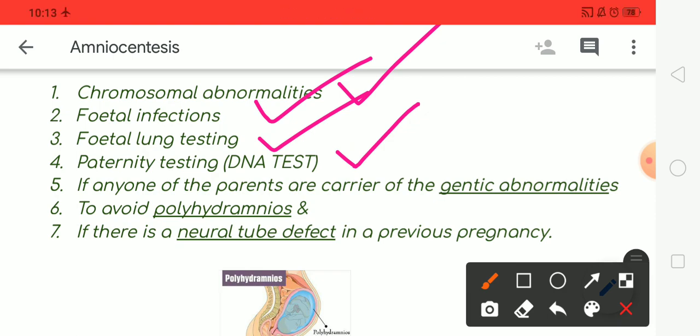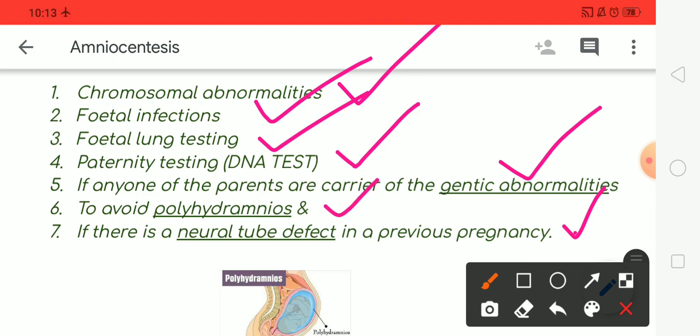Another one is if either of the parents is a carrier of genetic abnormalities, that is, if the mother or father of a baby has any genetic abnormalities such as thalassemia, arthritis, Alzheimer's disease, diabetes, etc. It is also used to test if there was any neural tube defect in a previous pregnancy, and to avoid polyhydramnios.